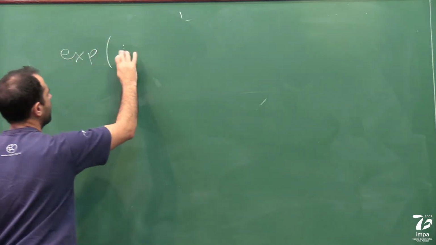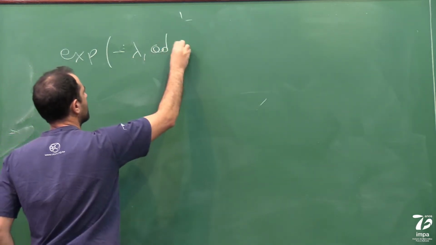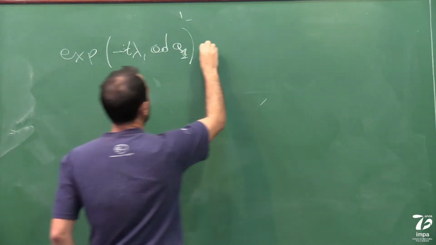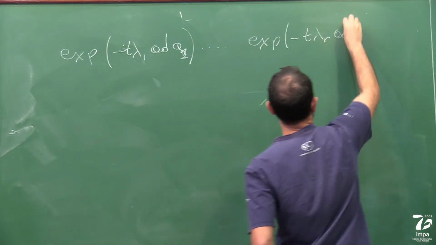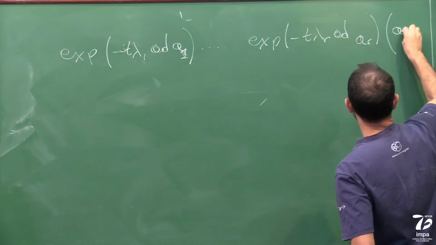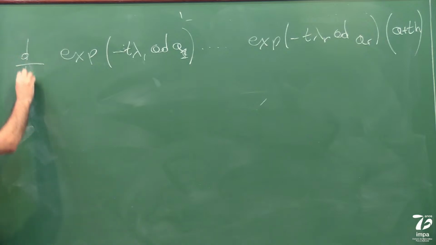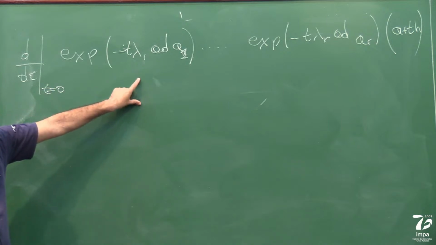This is the exponential of minus t lambda 1 adjoint action of A1, up to the exponential of minus t lambda r adjoint action of AR. And all of this needs to be evaluated at the part that is in the Cartan, which is A plus tH. And then out of that, I need to take the derivative with respect to t and put t equal to 0. Okay? So the exponentials are just polynomial guys, so it's enough for me to expand up to order 1 in t.